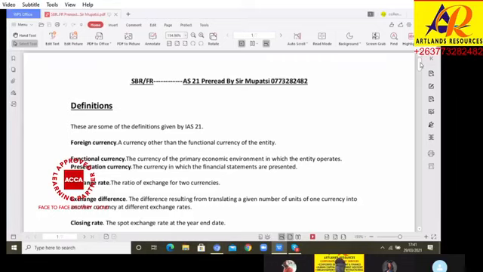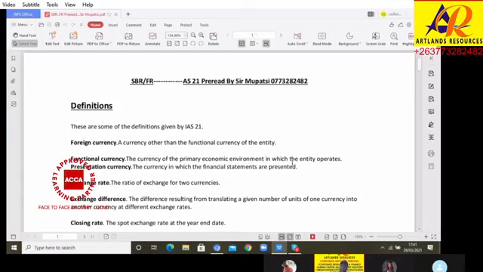An entity has what is called the functional currency, the primary currency in which the entity operates, the currency of the primary economic environment in which the entity operates.